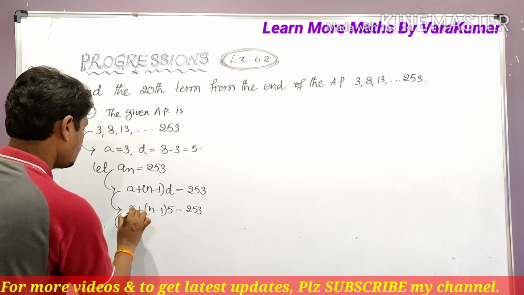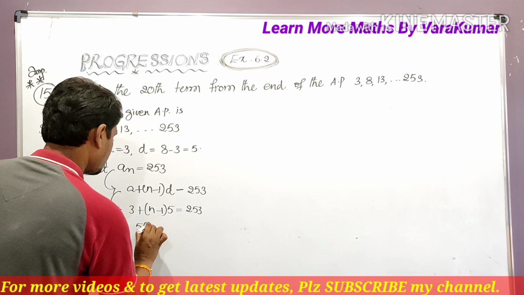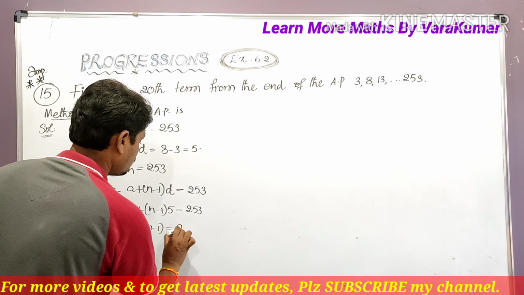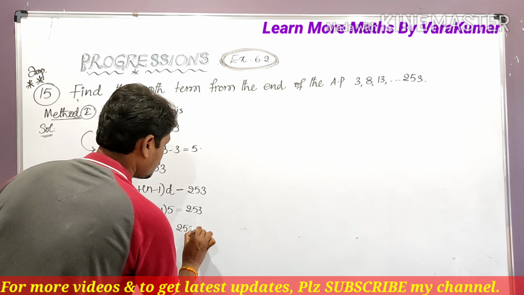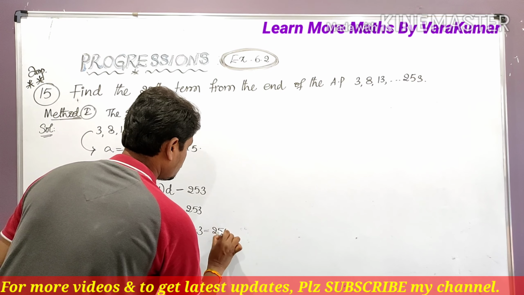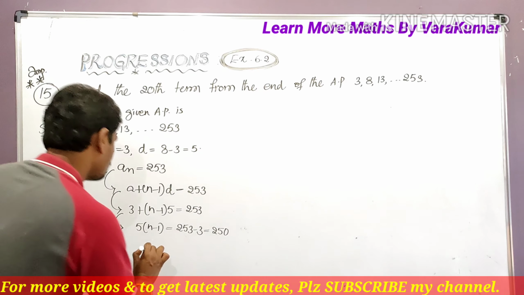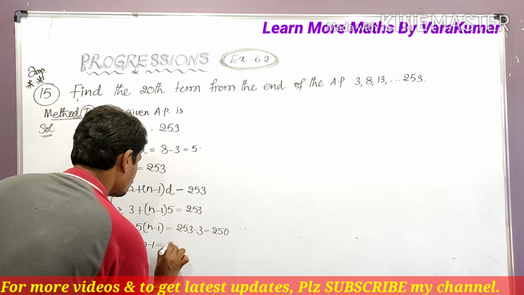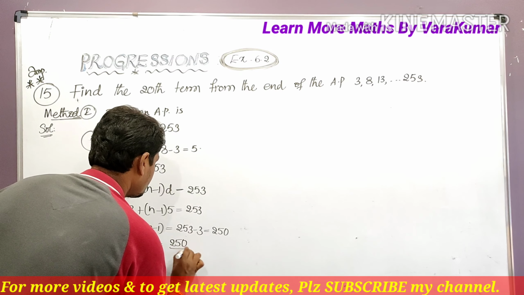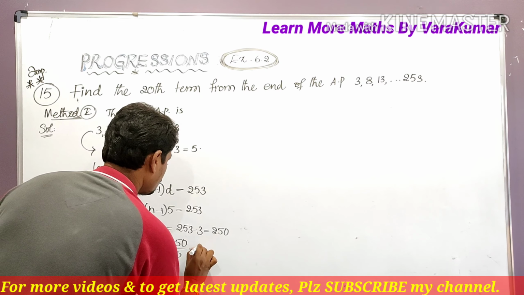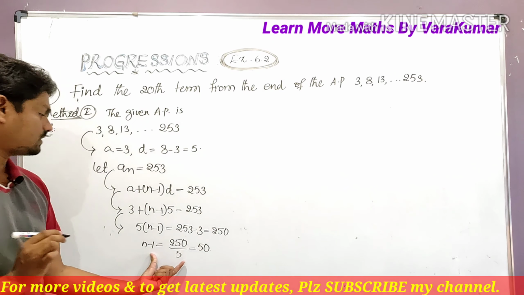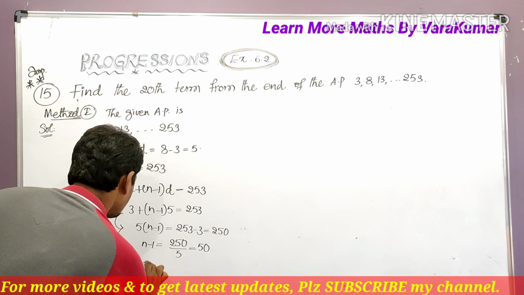Take 3 to the right side: 5 into N minus 1 is equal to 253 minus 3, that is 250. Therefore N minus 1 is equal to 250 divided by 5, which is 50. Therefore N is equal to 50 plus 1, that is 51.